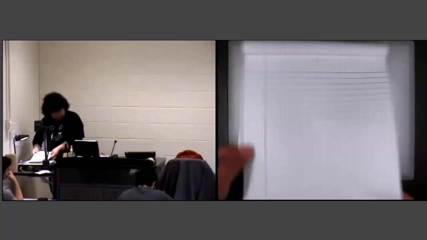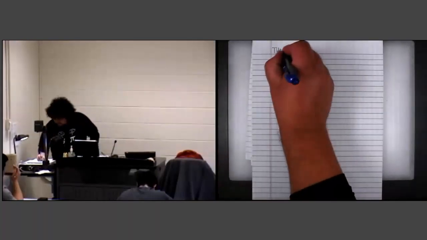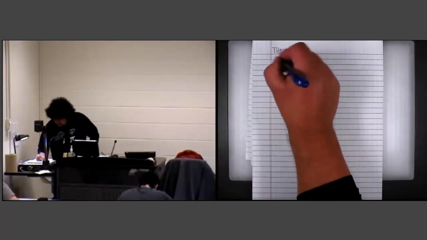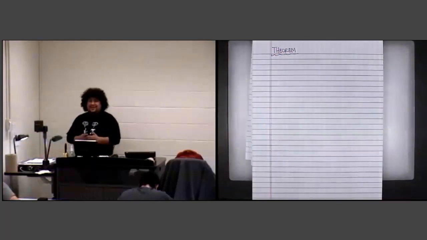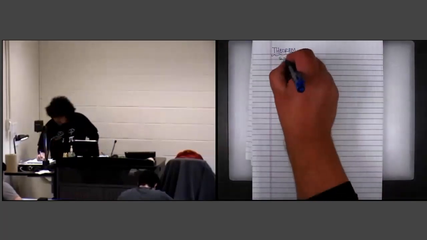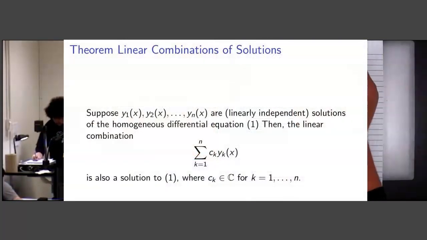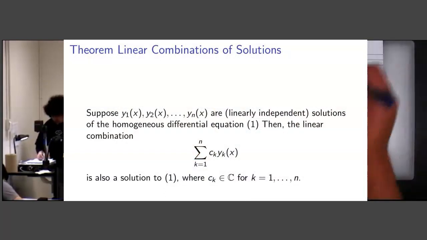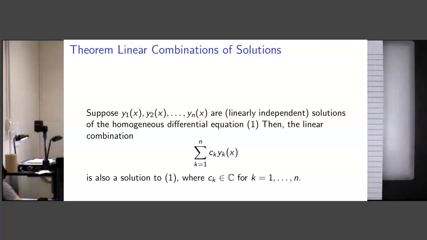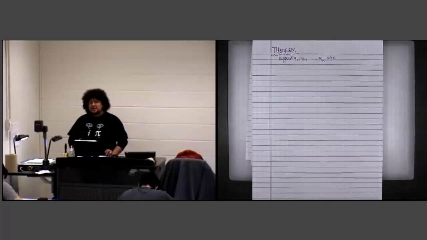So let's consider this theorem. Suppose we have n functions. Suppose that y sub 1, y sub 2, y sub 3, all through y sub n are, notice that these numbers 1, 2, 3, 4, all the way through n appear as sub-indices, not super indices, sub-indices.